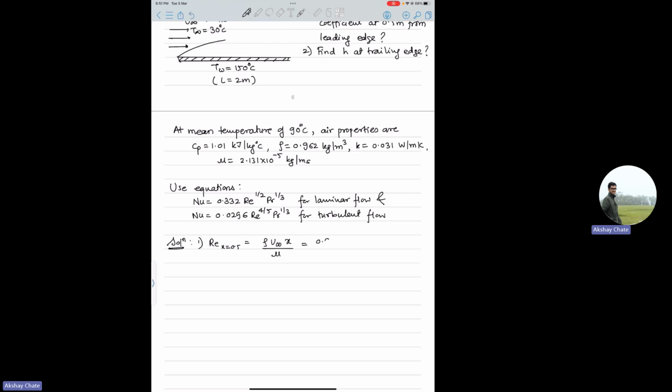So rho is given as 0.962, u infinity is 10 meters per second, x is 0.5, and your dynamic viscosity is 2.131 into 10 to the power minus 5. So if you do this calculation, you'll get a Reynolds number of 2.7 into 10 to the power 5.